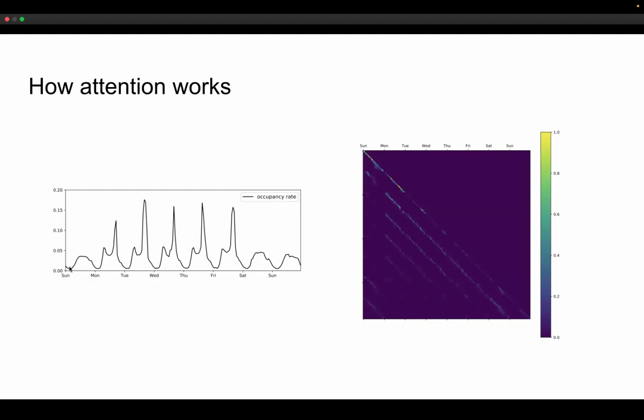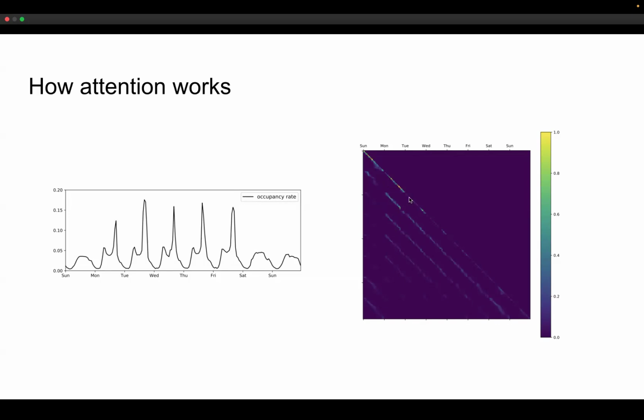If we look at this window on the left, I think it corresponds to the hourly occupancy rate of a time series. And we can look at the learned attention map on the right. We see that the model always pays a lot of attention on the diagonal line, which means that the time step is attending to itself.